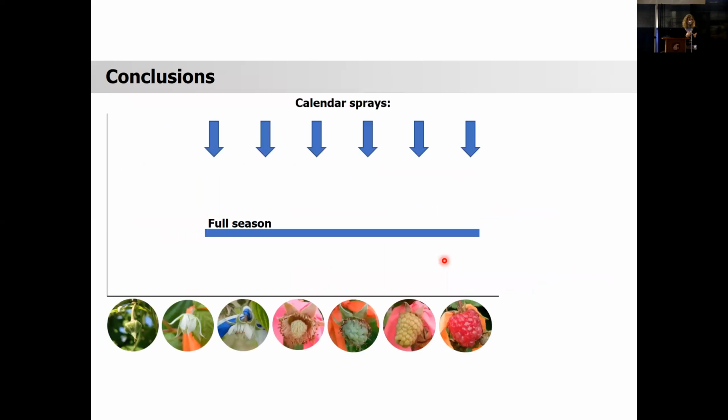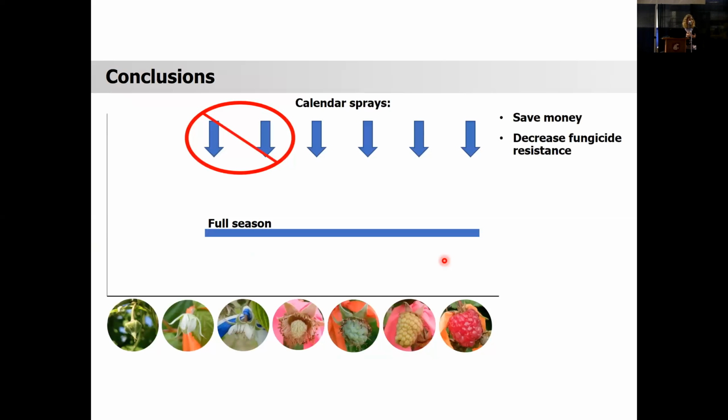So if we come back to our main hypothesis and our current management strategies with calendar sprays and full season programs, based on this data of the last 3 years, it seems like the early sprays that we apply at flowers may not be as effective in protecting and decreasing gray mold in a field. So if we could decrease the number of sprays and maybe eliminate some of the early sprays, first of all, it would be much more economically efficient, it would save money, but also it would decrease fungicide resistance, which is a huge problem in the area because we have such extensive fungicide application.